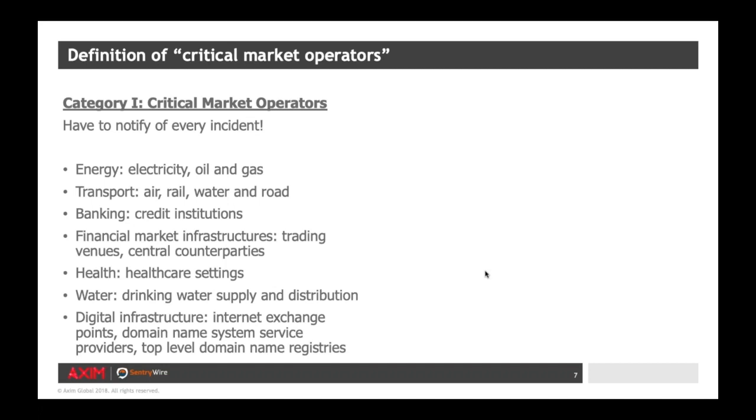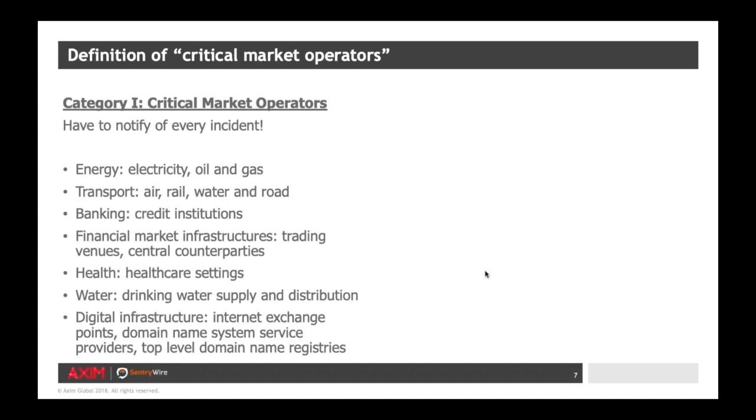We've got the electrical grid, oil and gas, transport, seems obvious, air, rail, water, road, etc. Obviously, anything to do with financial services, health, also very important, and health is increasingly being targeted with cybersecurity attacks as well. And I think we've just seen a recent attack in Singapore with SingHealth. Water infrastructure, and then, as said, digital infrastructure, so internet exchanges, telecommunications operators, etc.